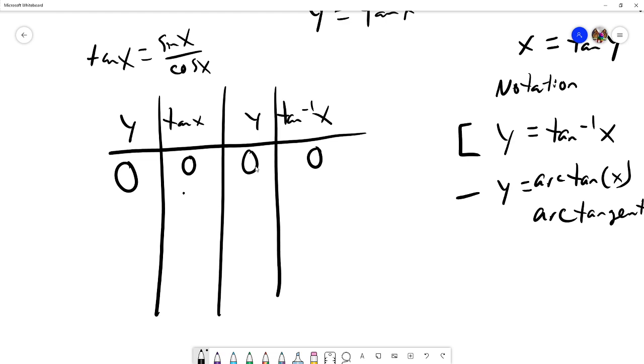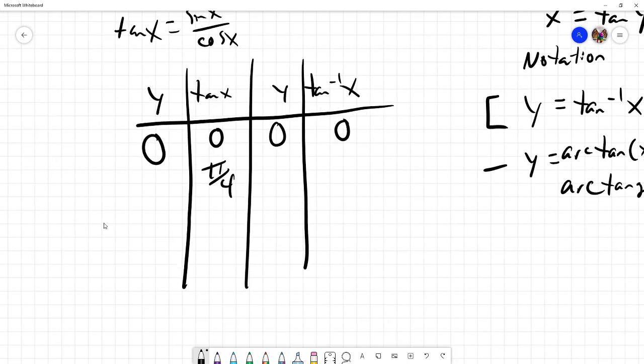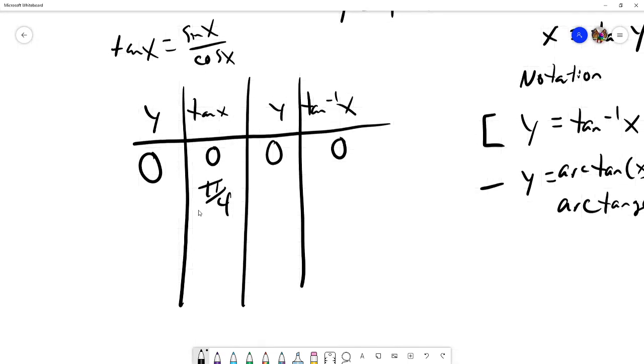If I plug in, say, pi over 4, sine of pi over 4 is square root 2 over 2, and cosine of pi over 4 is square root 2 over 2. So tangent of pi over 4 is square root 2 over 2 divided by square root 2 over 2, which is just a number divided by itself, which is 1. So if I plug 1 into arctangent, I get out pi over 4.